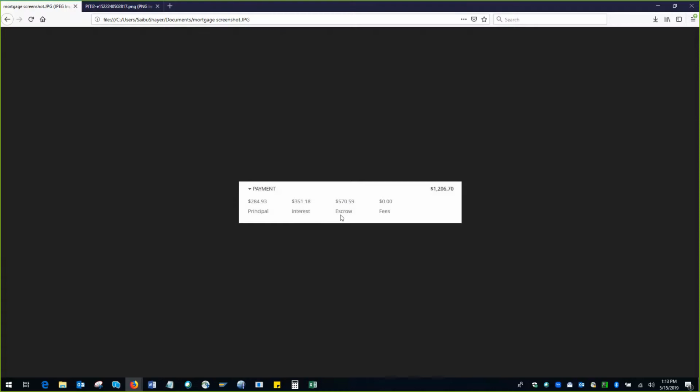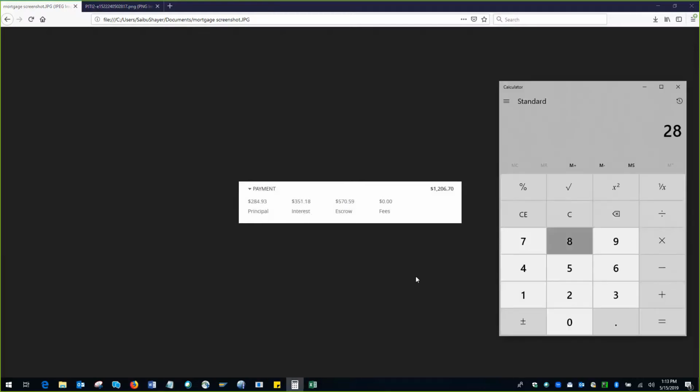Then comes escrow. But before we move into that, I want to point out something. The principal and the interest, if we add these two, $284.93 plus $351.18, is $636.11.